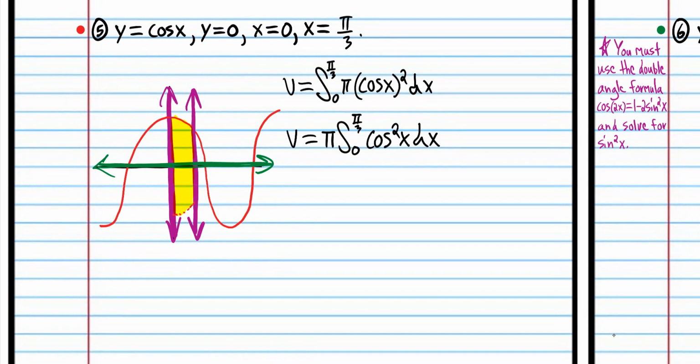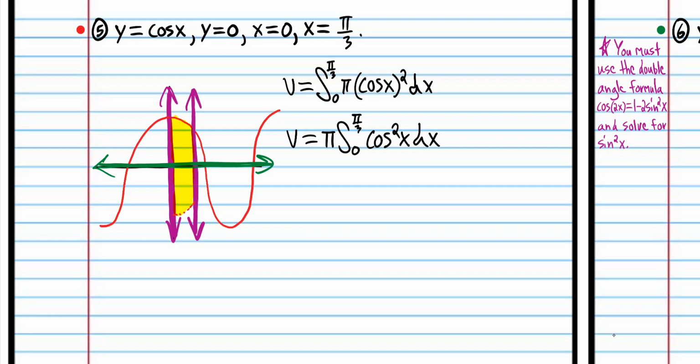Okay, so at this point we're stuck. And the reason that we're stuck is we cannot integrate this expression here. We don't know how. As I mentioned in previous classes, you can't just put any algebraic expression into an integral and then assume that you can find the antiderivatives.